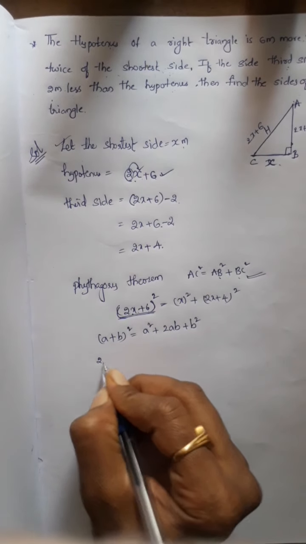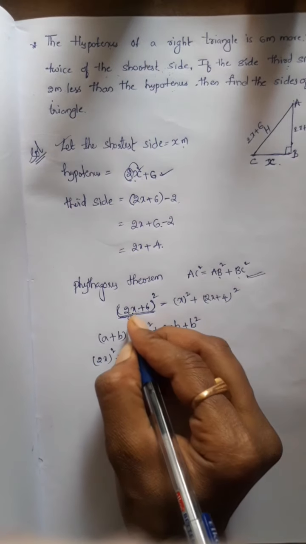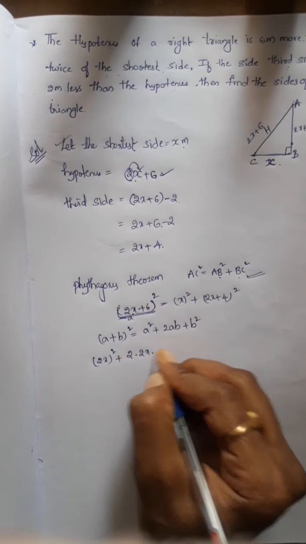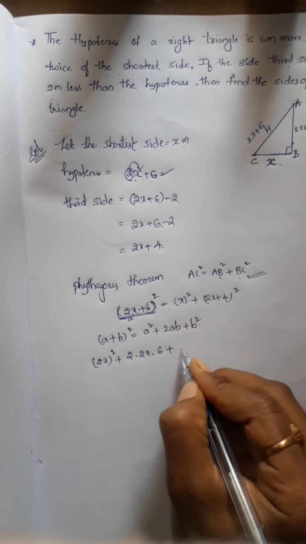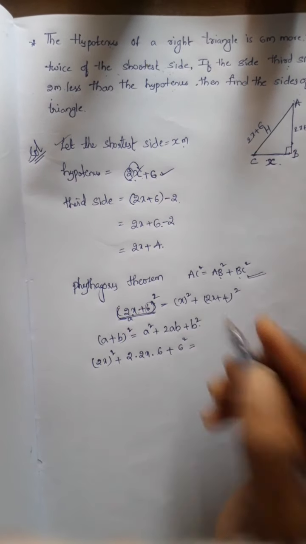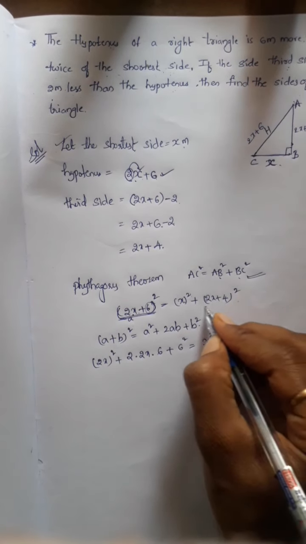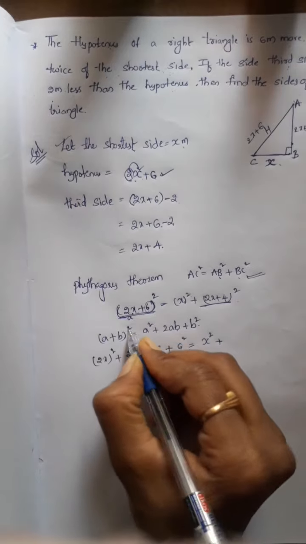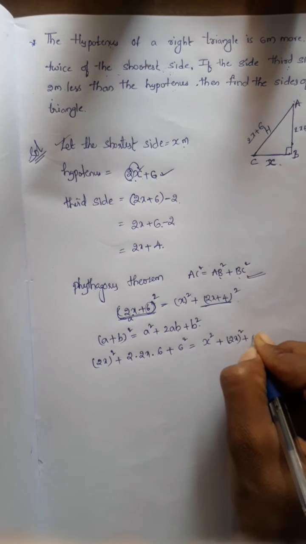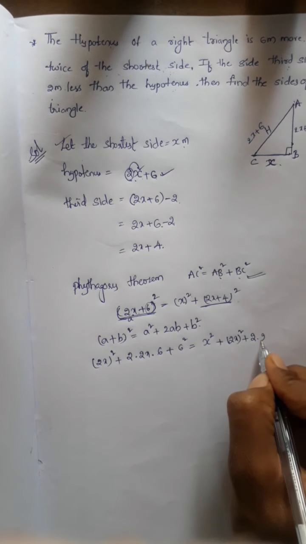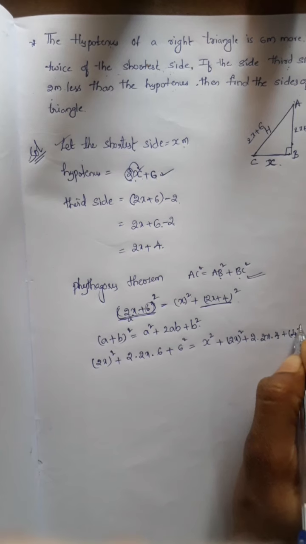A square means 2x whole square, plus 2 into a, which is 2x, into b, which is 6, plus b square, which is 6 square. Equal to x square remains the same, x square plus, again this is also in the form of a plus b whole square, right? So x square plus 2 into a into b plus b square.